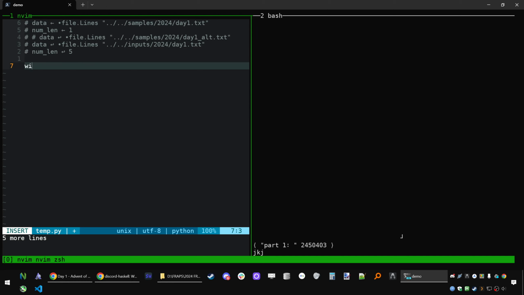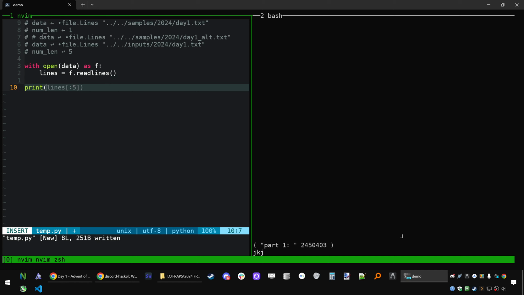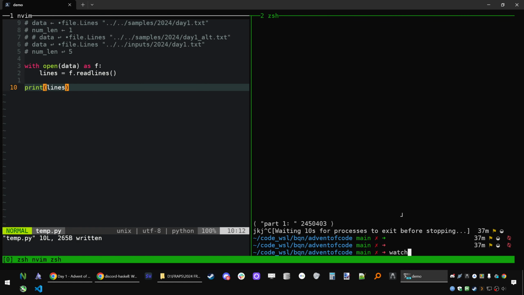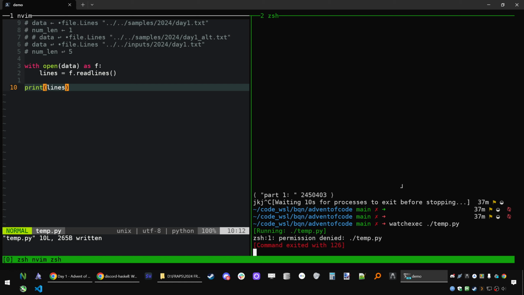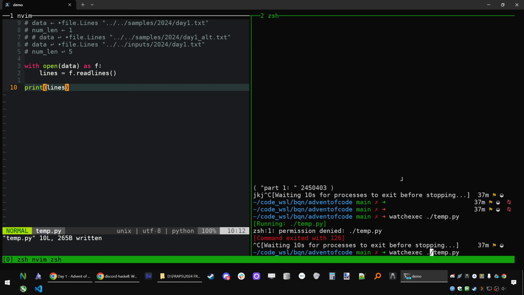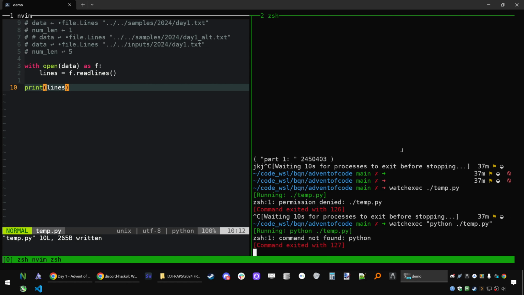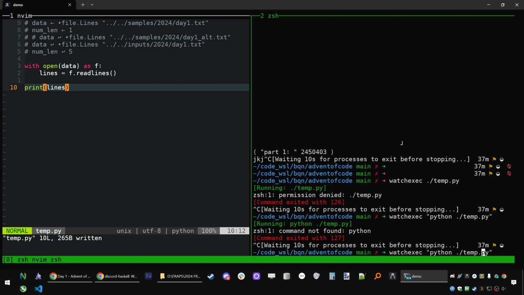Actually, can I just use Python here with open? Yeah, perfect. And then print all lines. Okay, and then here we'll do watch exec temp.py. Is that it? Oh, python temp.py. Watch exec is just Rust's version of Python 3.